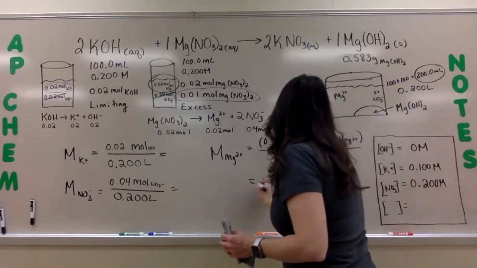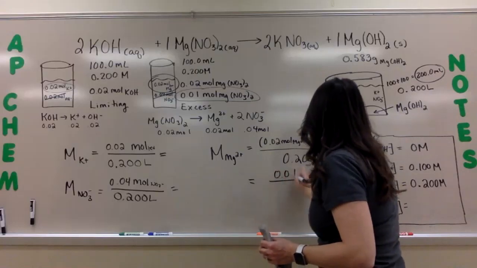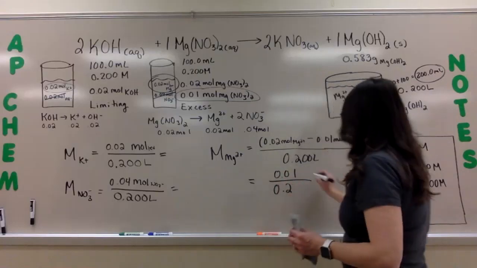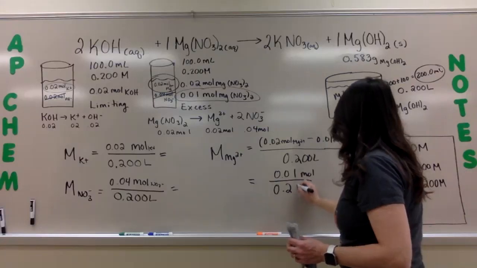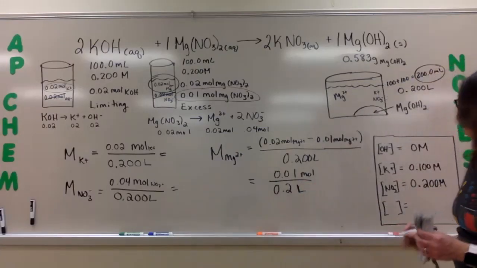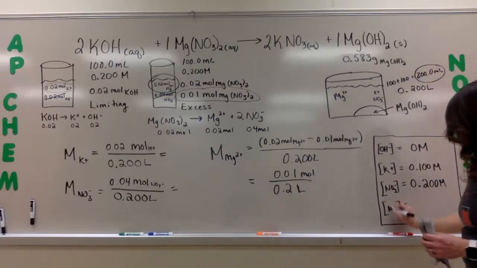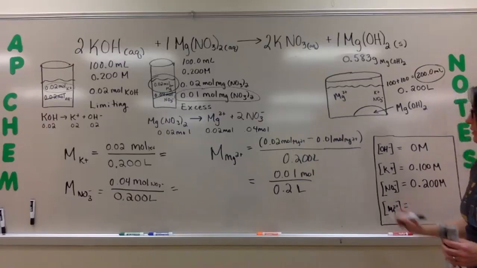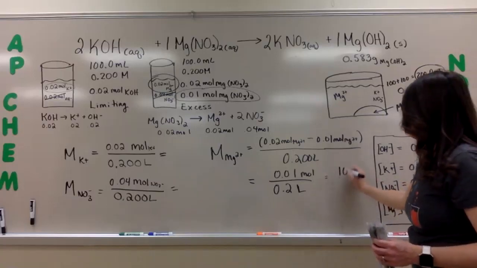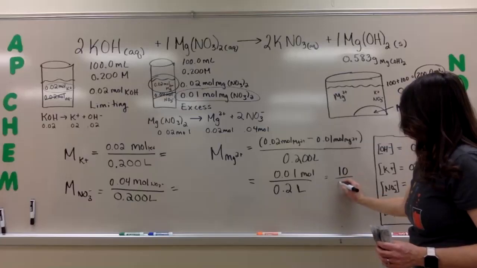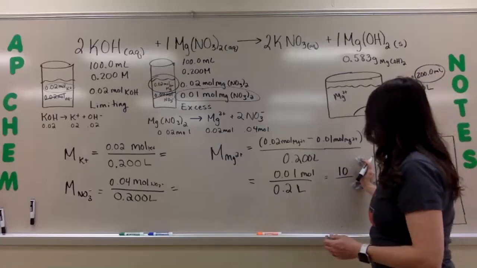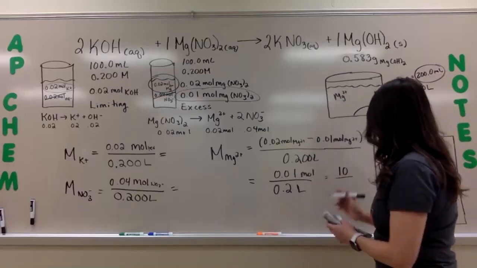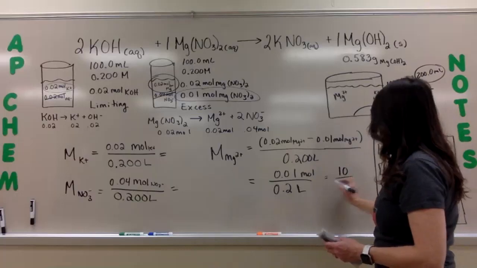And so what's the concentration of them? 0.01 divided by 0.2. Sounds familiar, doesn't it? What is that going to be? If you move it over, you have 10 divided by... I'm having a memory lapse here.